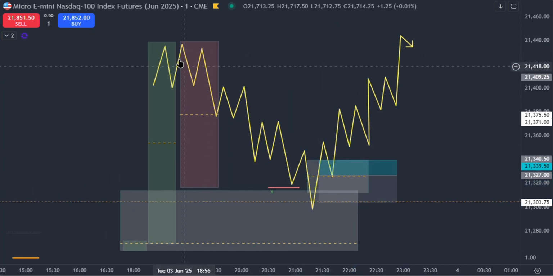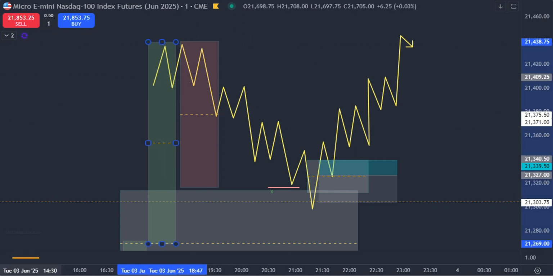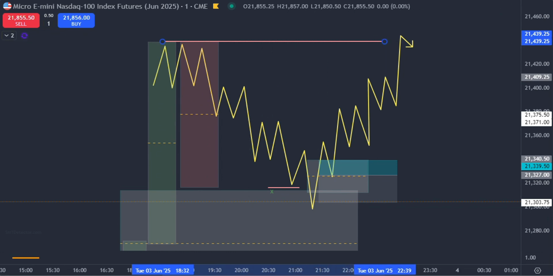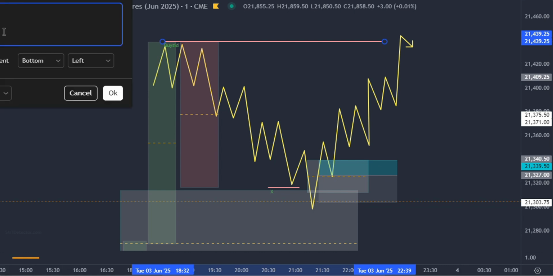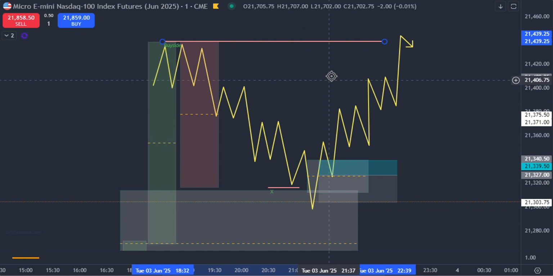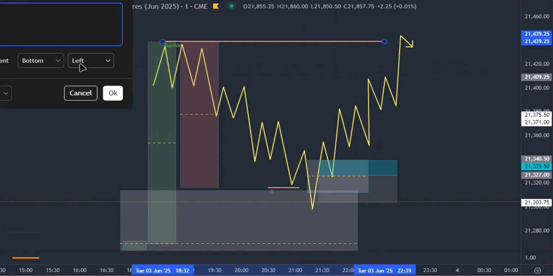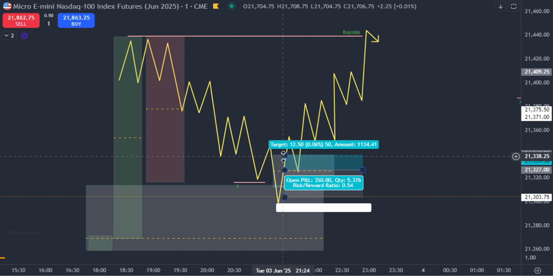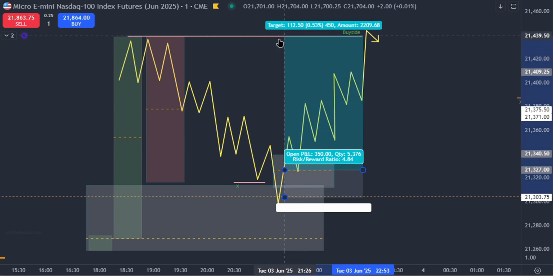And then these highs are the hourly time frame highs. Buy side. And that would finish your market maker buy model.